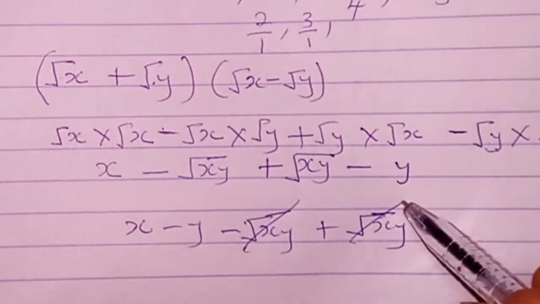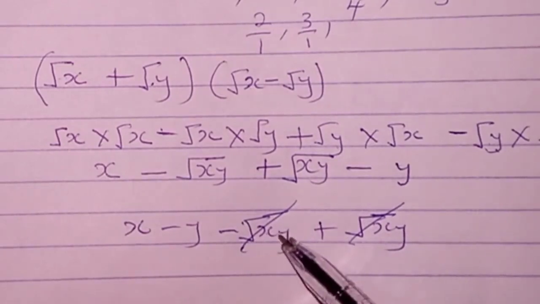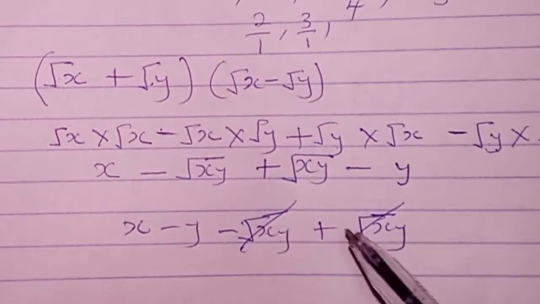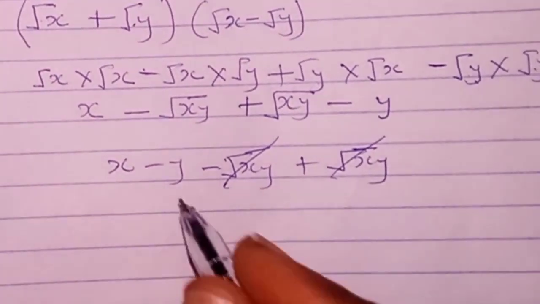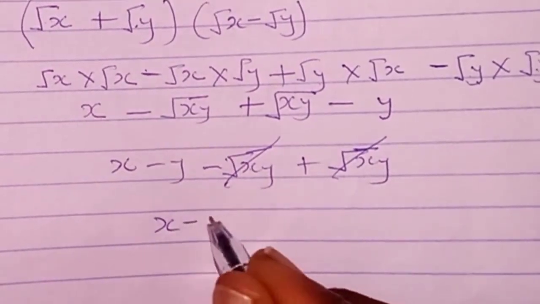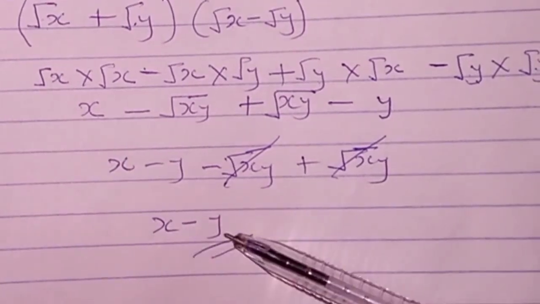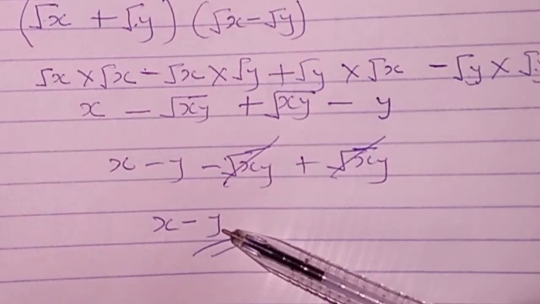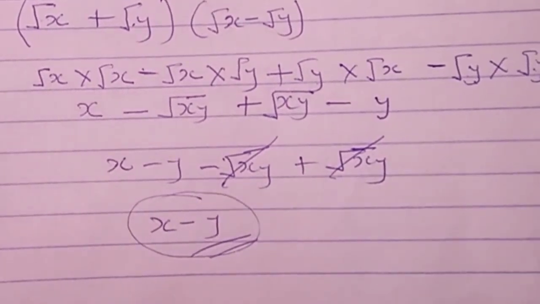It's the same thing as saying minus 2 plus 2, which is going to result in 0. So we are left here with x minus y. And of course, this is going to result in a rational number, where x and y stand for real numbers.